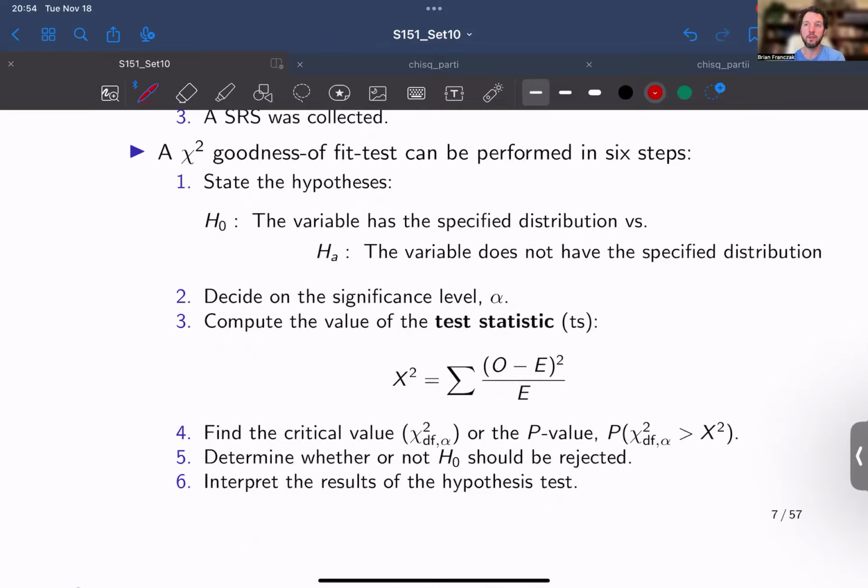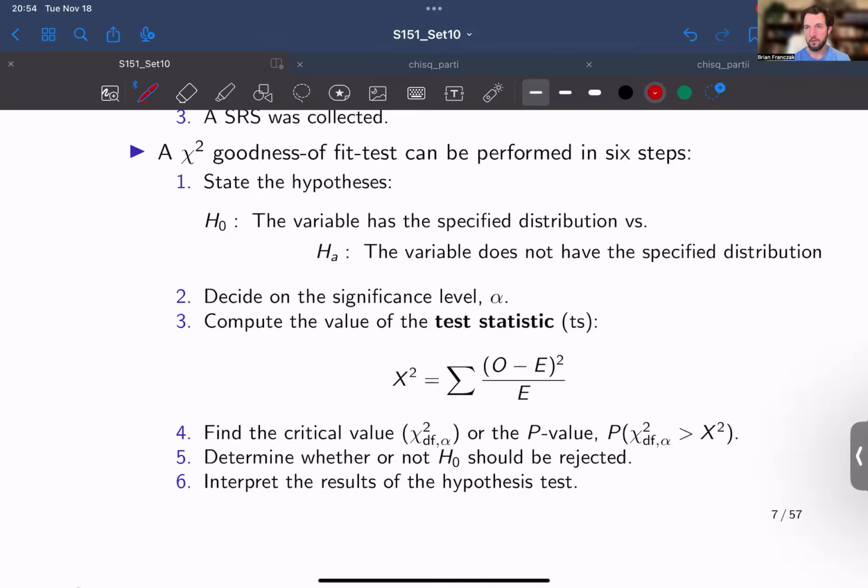So for example, the outcomes on the die have a probability of occurring of 1/6, or the variable does not follow that distribution, which just means that one number on the die can deviate from or not have a probability of 1/6 of occurring, or multiple numbers on the die cannot have that probability of occurring. So the variable not having the specified distribution has a lot of possibilities.